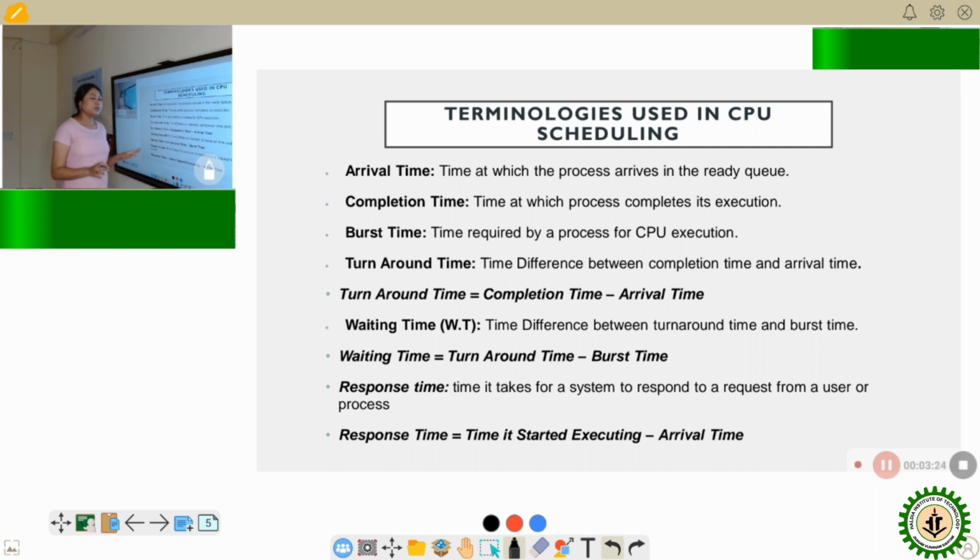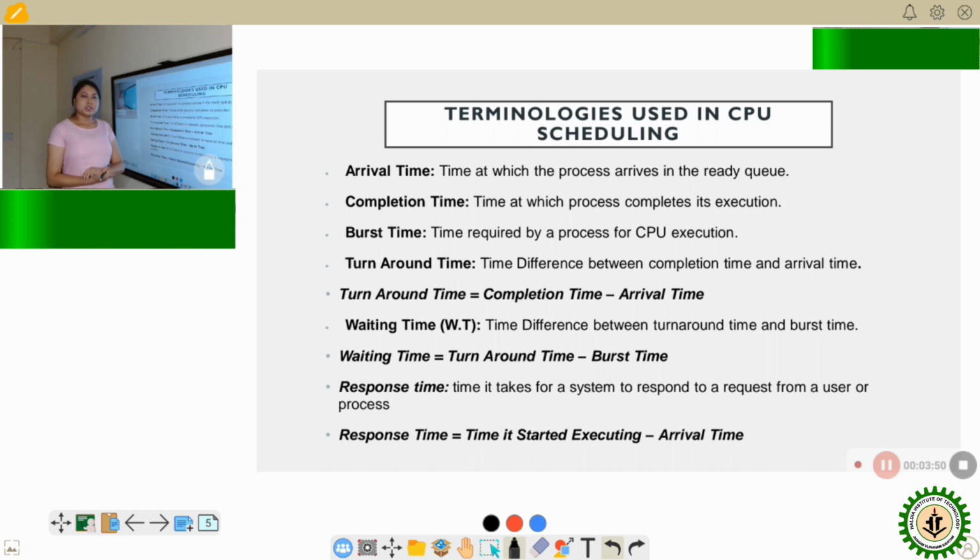Then burst time is the time required for that process to execute on the CPU. Next, turnaround time is the difference between the completion time and arrival time, that is, completion time minus arrival time. Then waiting time is the difference between turnaround time and burst time.